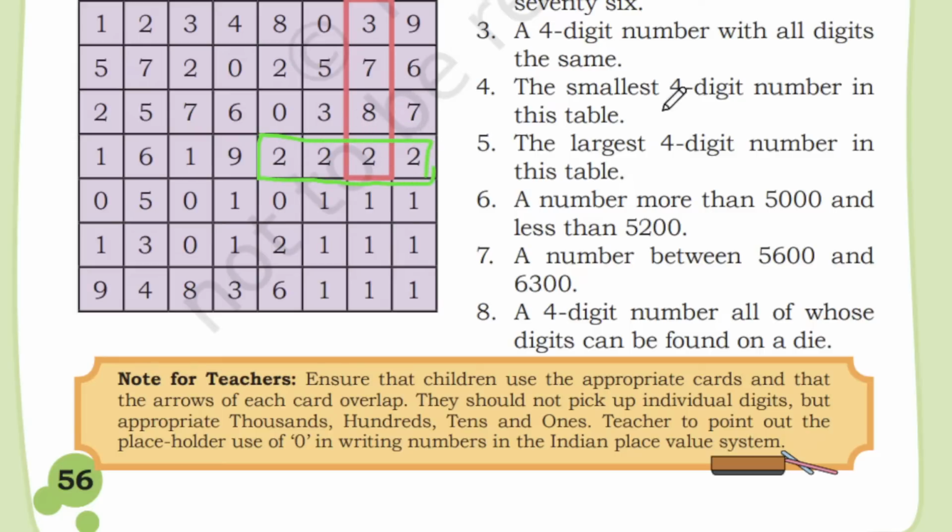Okay, next, the smallest 4-digit number in the table. You can find it very easily. A number that starts with 1301 or 1234. This will be the smallest, anything with 1200, students.